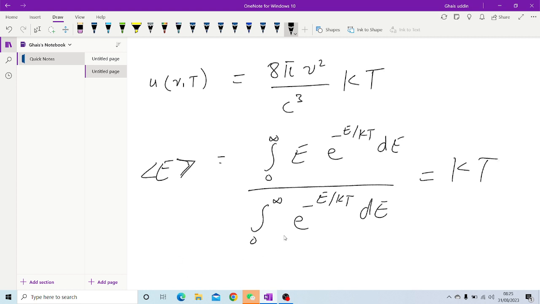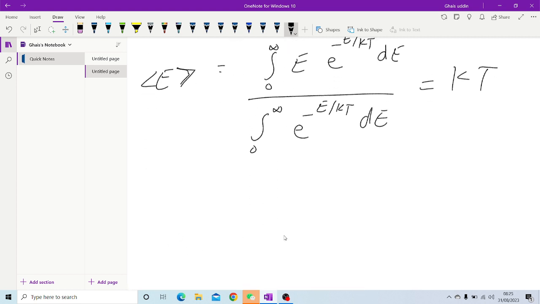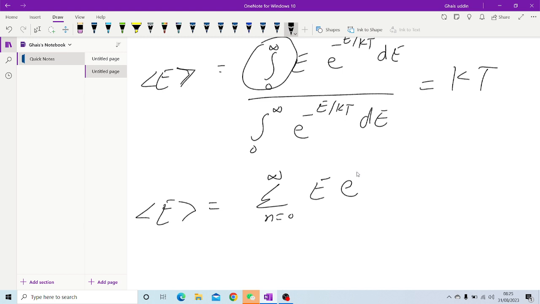So Planck just replaced this integral, which is for the continuous energy distribution, by a discrete summation over n from 0 to infinity, which shows the discrete structure of the energy.